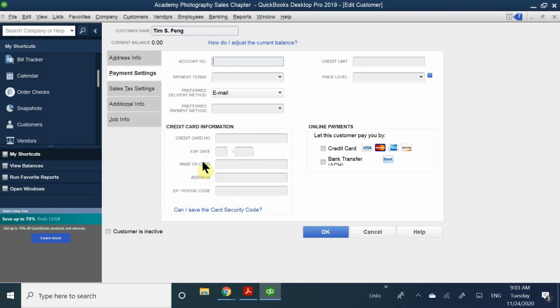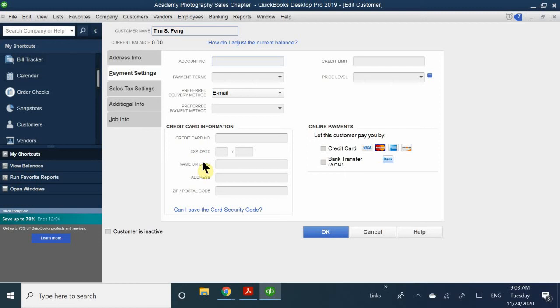Okay, so this is where locking up your QuickBooks is extremely important, especially if you are collecting confidential information such as your customers' credit card information. That is so sensitive, you know?